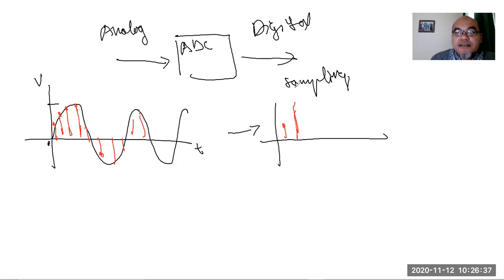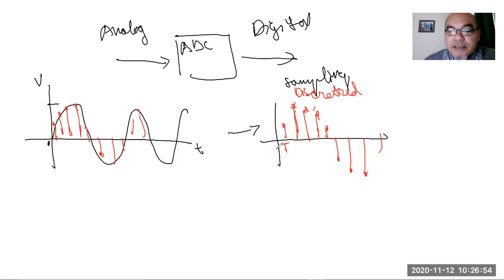This is called a discretized signal, a time discrete signal. Time discrete means that it is not continuous anymore. It only has values at certain sampling periods. This is 0, this is T, then 2T, 3T, and so on until nT. Here T is the sampling period.